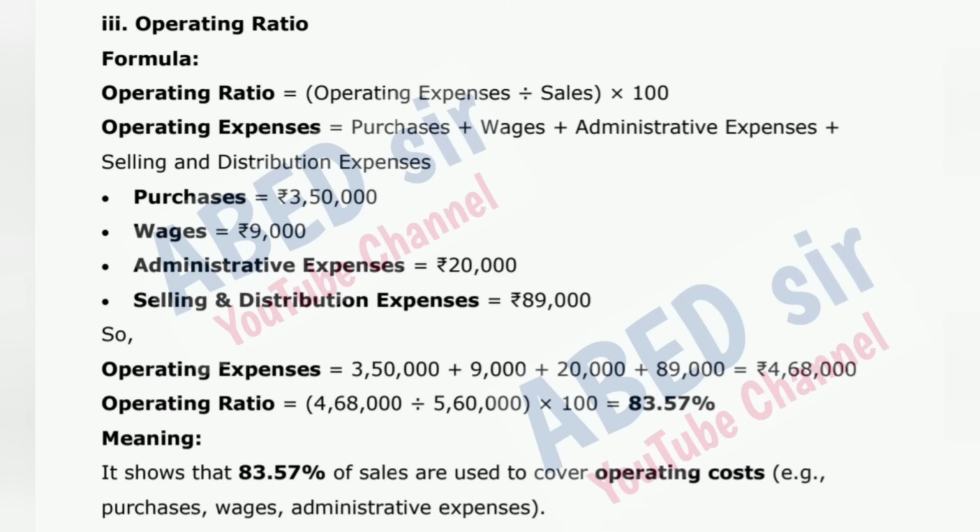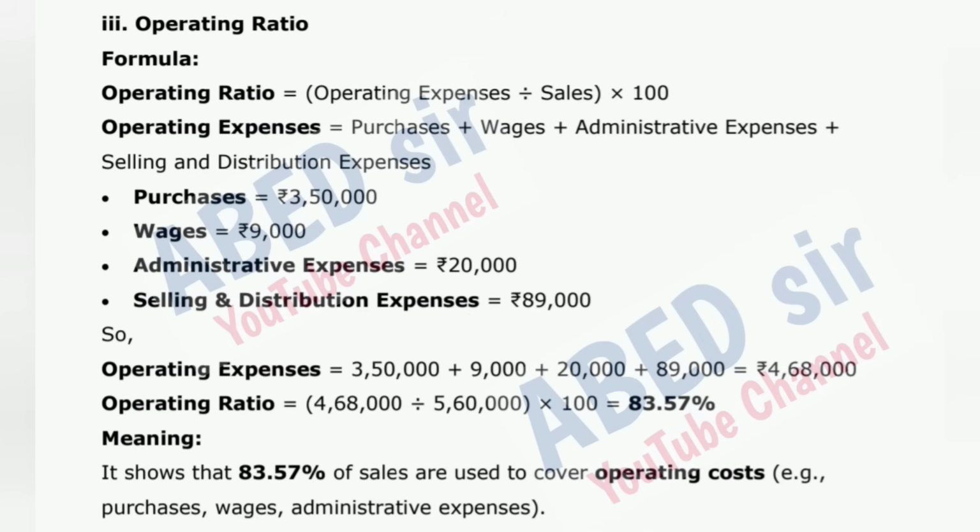Wages is 9,000 rupees. Administrative expenses is 20,000 rupees. Selling and distribution expenses is 89,000 rupees. So, operating expenses is equal to 3,50,000 plus 9,000 plus 20,000 plus 89,000, equal to 4,68,000 rupees.